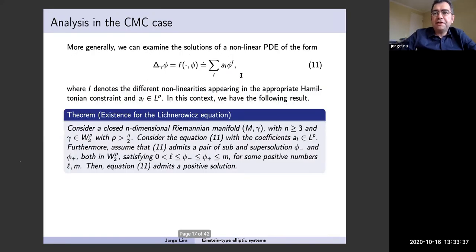You can abstract this just to consider that, for instance, the Lichnerowicz-York equation, the first equation, or the Hamiltonian equation, is given by the Laplacian of phi in terms of something which is complicated, but is formally written in terms of powers of phi, and some expressions A that depends nonlinearly on the data.